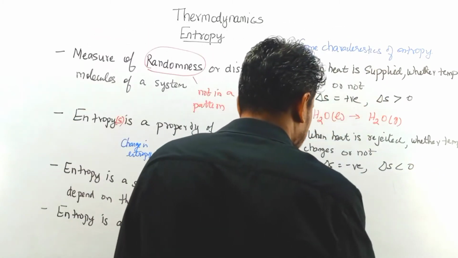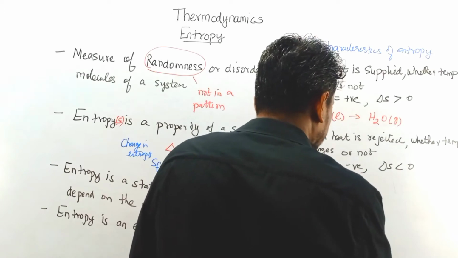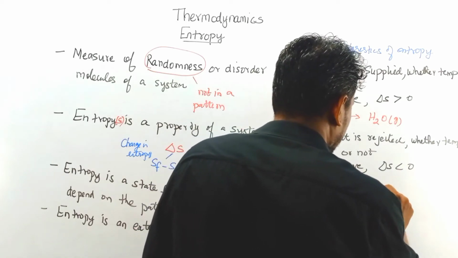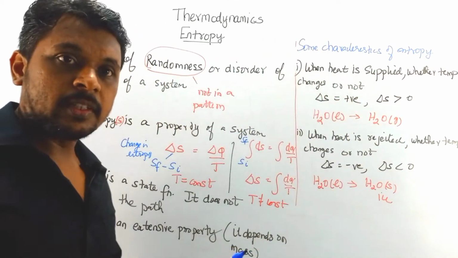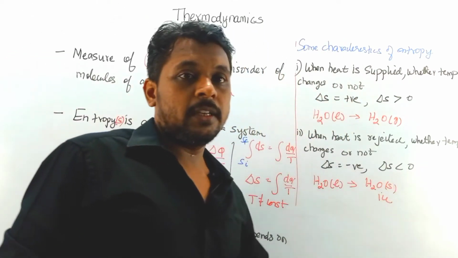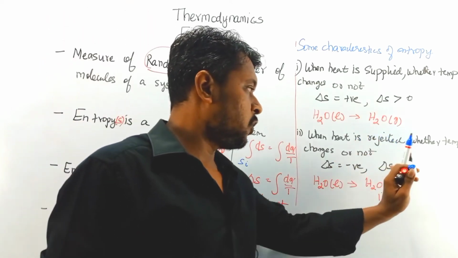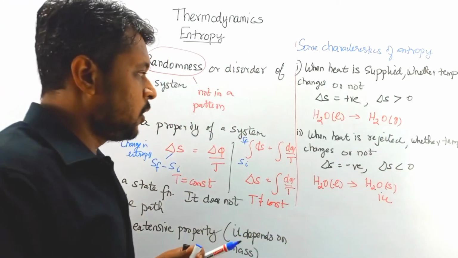So in this process, liquid to solid, that is water converting into ice, the heat is rejected. So there is a decrease in entropy, that value is less than 0.